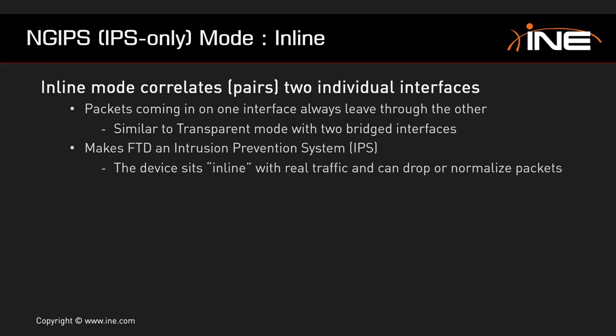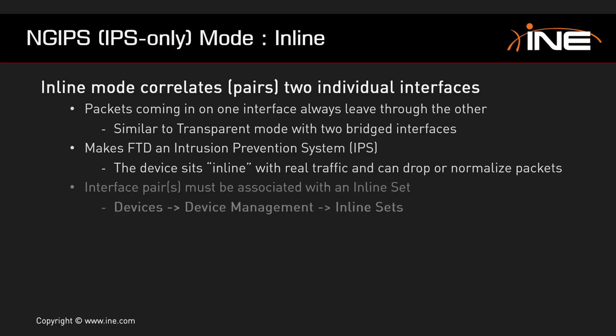The main difference from the previous, the passive mode, obviously is the ability to not only detect but also stop the attacks. Since inline IPS sits in the data plane, it receives real communication flows. It can drop or normalize packets, and this way protect potential victims from attacks.